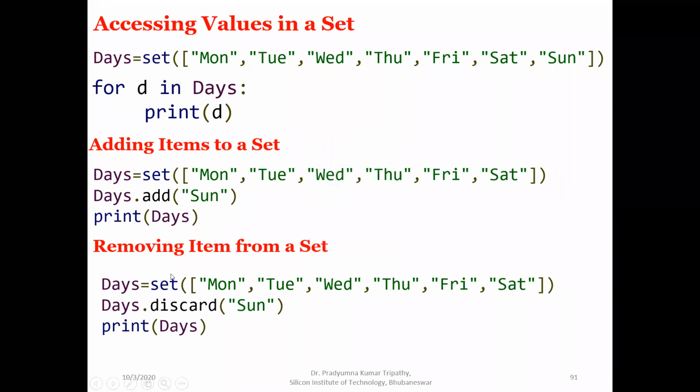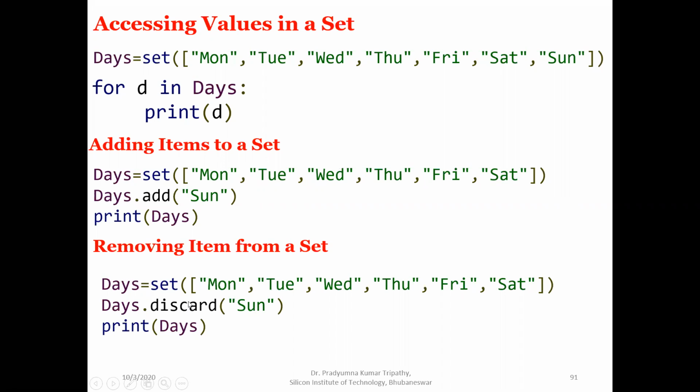So if I want to remove an item from a set, I'll use the discard function. Not only the discard function, the pop function and remove function can also be used. Here I have used the discard function. The discard function will discard this Sun from this set. I have to use the item name itself.